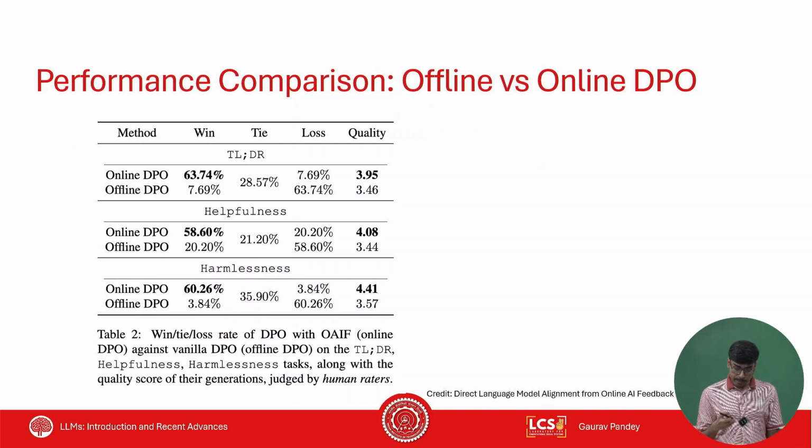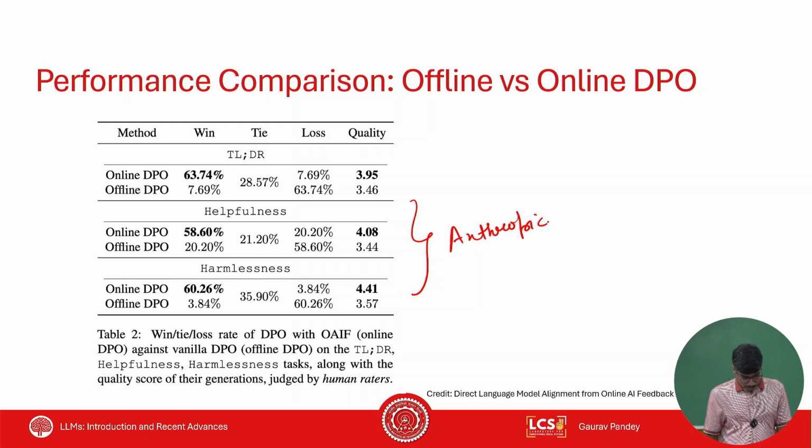Okay, so this online DPO actually works quite well compared to offline DPO on a range of tasks. This is TLDR, helpfulness, and harmlessness. These are Anthropic tasks. And as you can see, online DPO performs much better than offline DPO in almost all the cases.